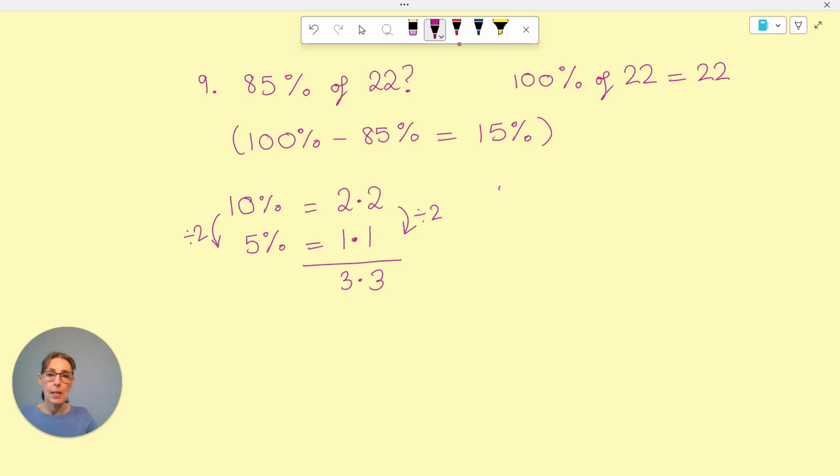So if 100% is 22 and 15% is 3.3, 100% take away 85% is 15%. Then that also means that 100% take away 15% equals 85%. So that's what we're going to do. We're going to do 22 take away 3.3.